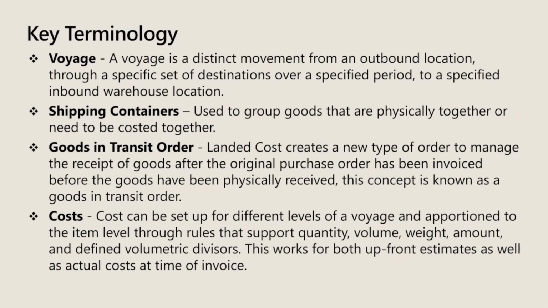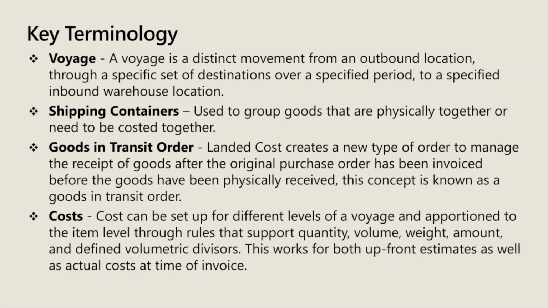And so what this order type now allows us to do is to post that AP invoice, and then, like I said, track those goods, place them into a goods in transit warehouse, and then receive that goods in transit order when they arrive at the warehouse.